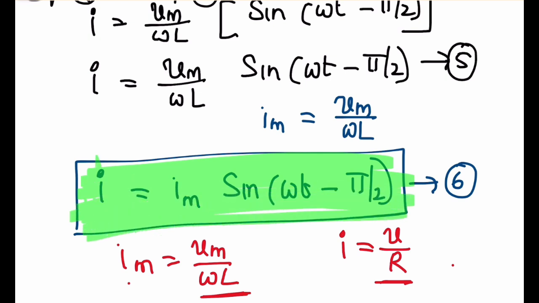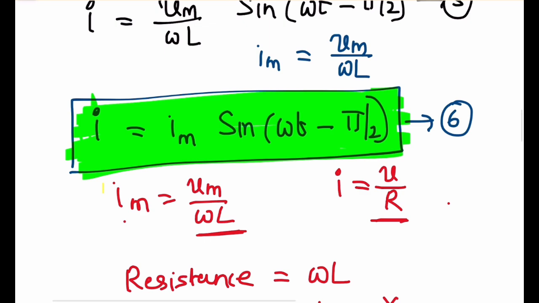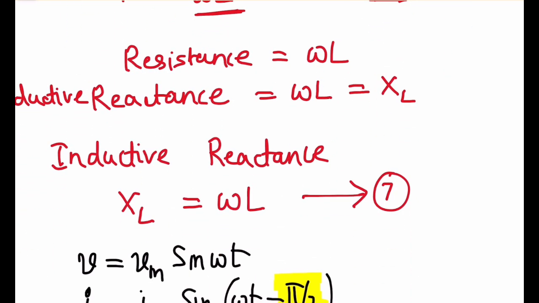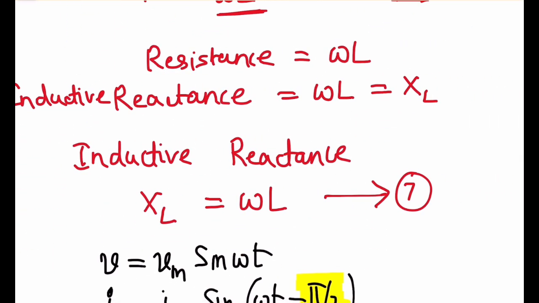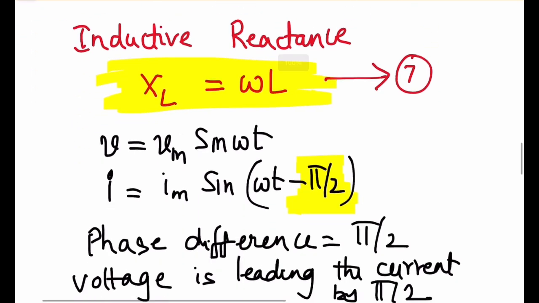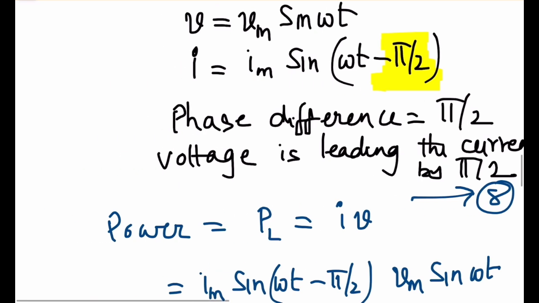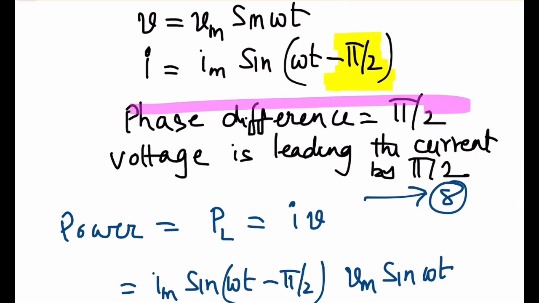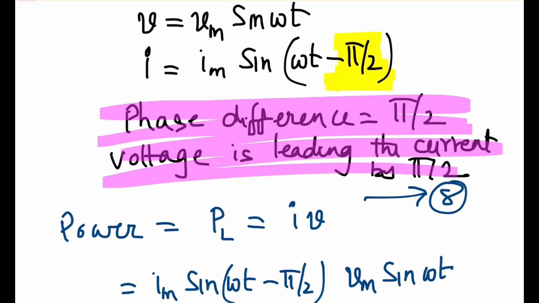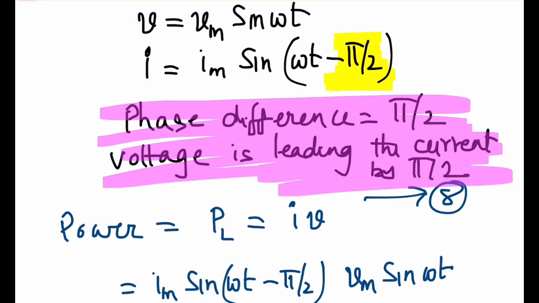And the next one is the resistance of the circuit, which is called inductive reactance, equal to omega L. And then the phase difference between voltage and current is equal to pi by 2, where voltage leads the current by pi by 2.